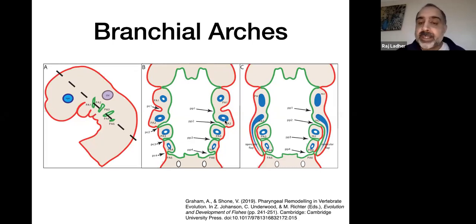And so this is an important thing to note, because these points at which the endoderm and ectoderm meet, these clefts or pouches, do actually serve a particular purpose in fish, for example, and lower vertebrates. And so these will become gill slits and allow the flow of water through the respiratory epithelium.